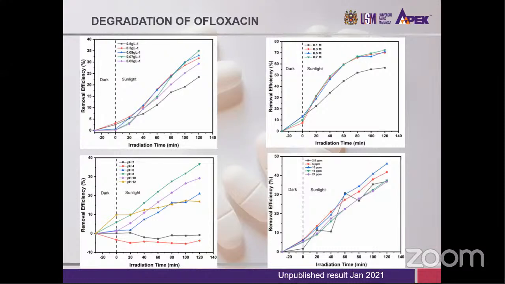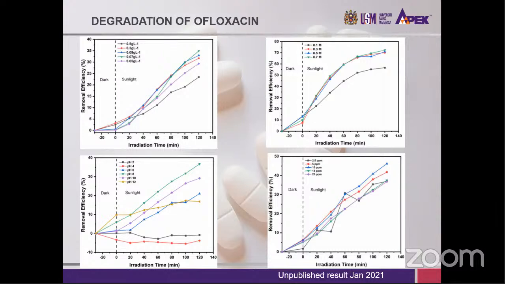We can see bismuth ferrite also works well with antibiotics, which we call persistent organic pollutants. Usually most of the metal oxides or semiconductors find it hard to degrade antibiotics. It needs hydrogen peroxide and so on.